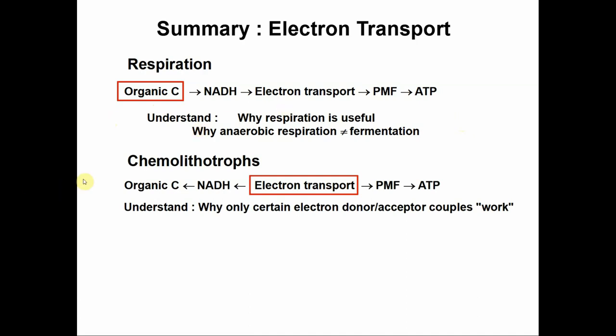Okay, for chemolithotrophs, where does the energy come from? Well, it's coming from a favorable redox reaction, a chemical oxidation-reduction reaction. So oxidation-reduction is a transfer of electrons. The base of the metabolism is a redox reaction, which will feed electrons into an electron transport chain.